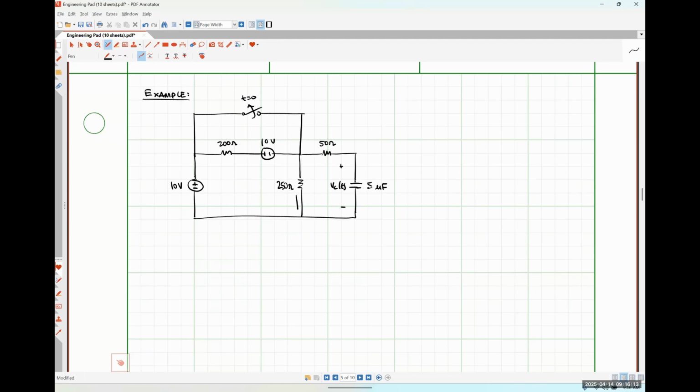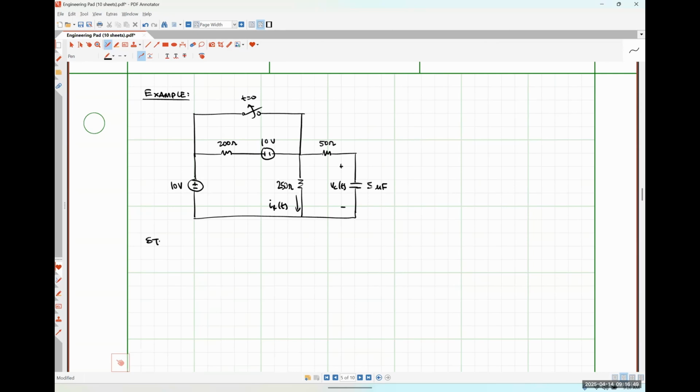And while I'm at it, let's go ahead and find this resistor current as well. So until we get to step 4, our process is going to be exactly the same. We're going to analyze our circuit at t is equal to 0 minus, then analyze it at t is equal to 0 plus, analyze it at infinity. The only thing that's going to change in step 4 is just find CEQ instead of LEQ, and so on and so forth. So process is damn near identical, okay?